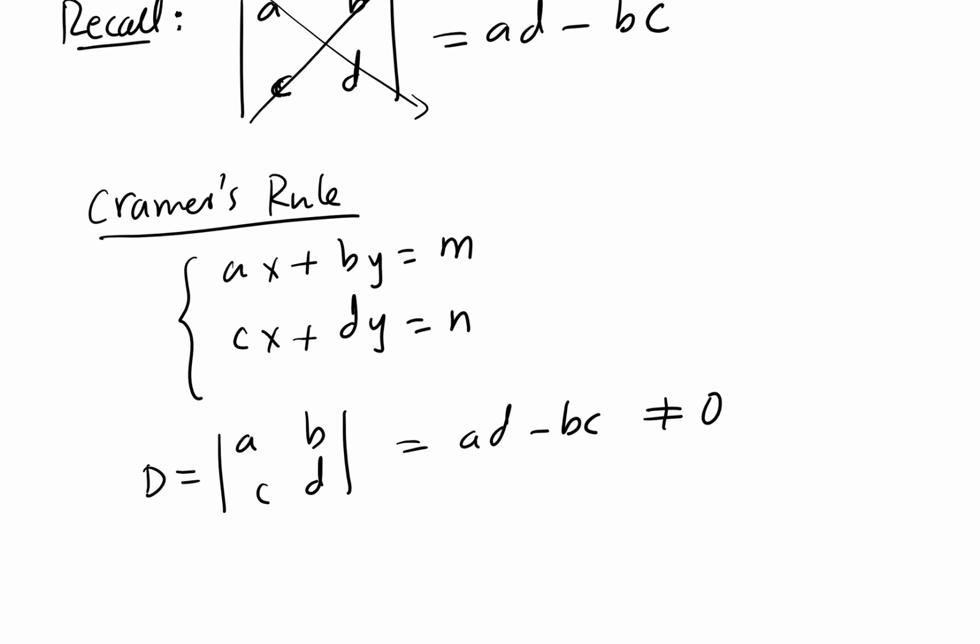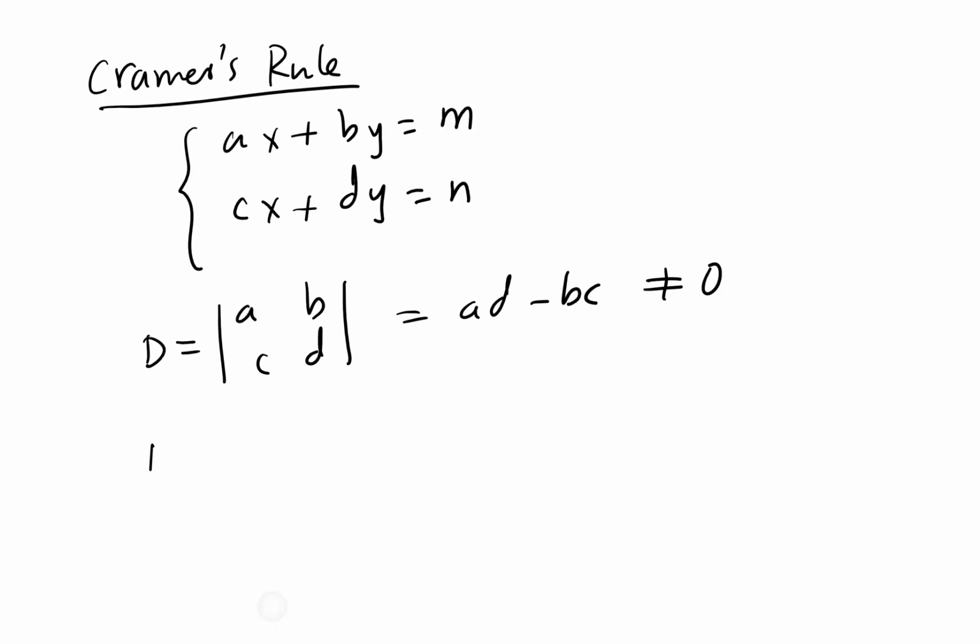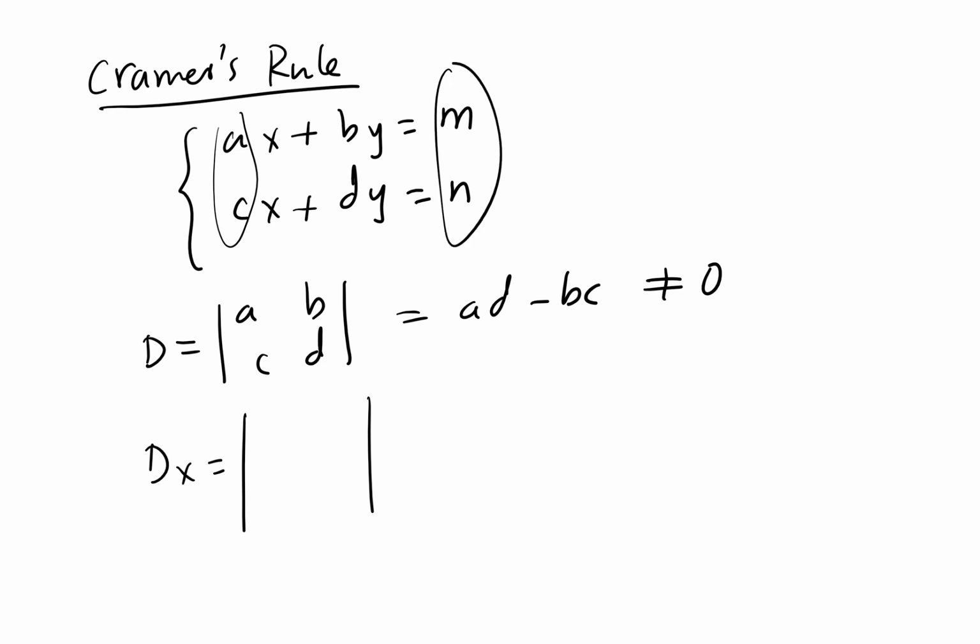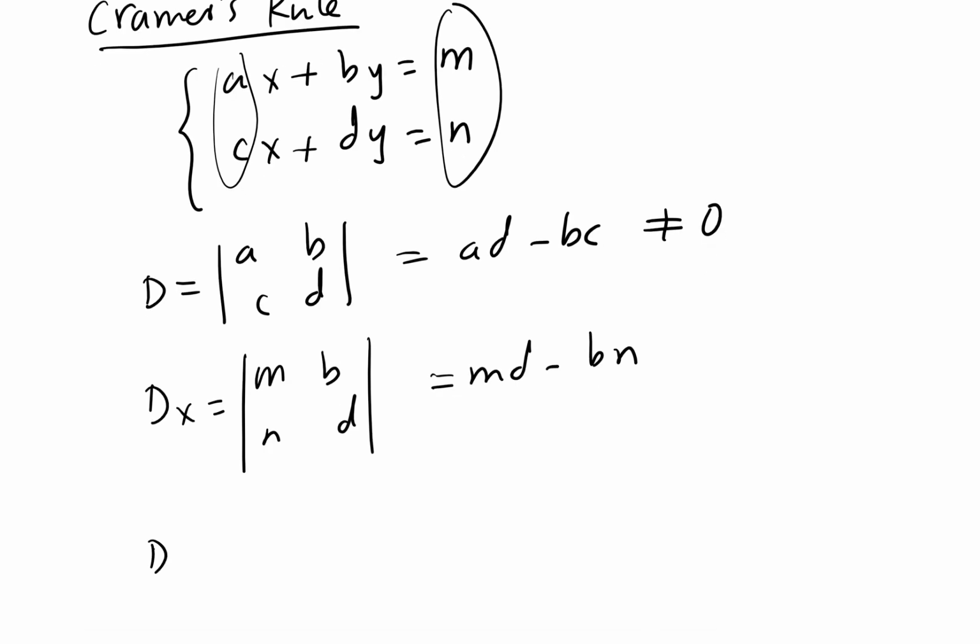Then you find Dx, which has nothing to do with derivatives here. You replace the coefficients of x with m and n, so m, n, b, d, which gives md minus bn.